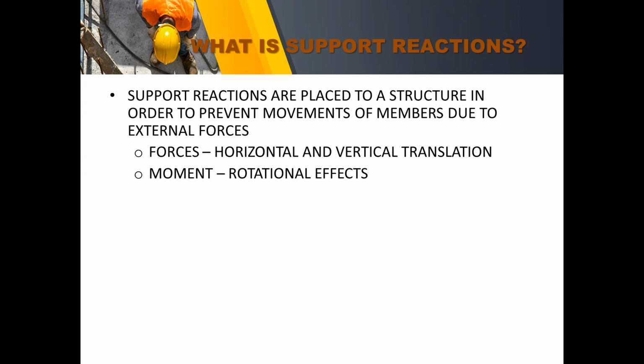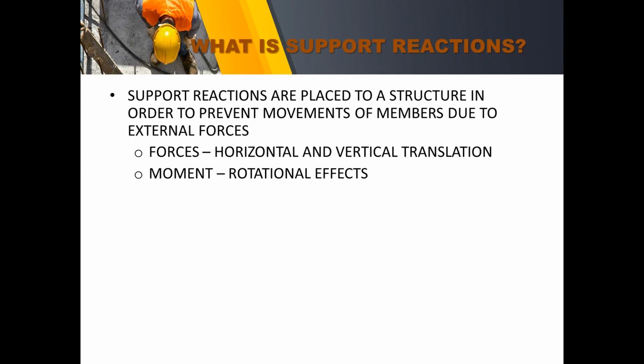So in our structure, there is a support, okay, and that is called the support reactions. So these are placed on a structure in order to prevent movements of the members due to external forces. So it tends to restrain and maintain the equilibrium in the whole structure.